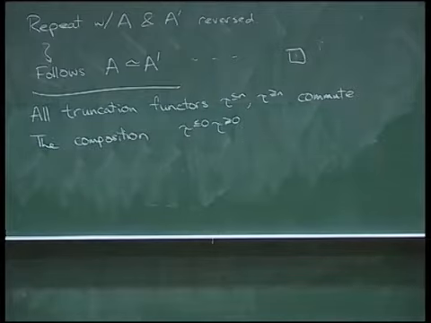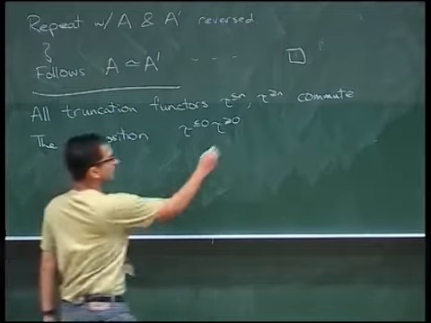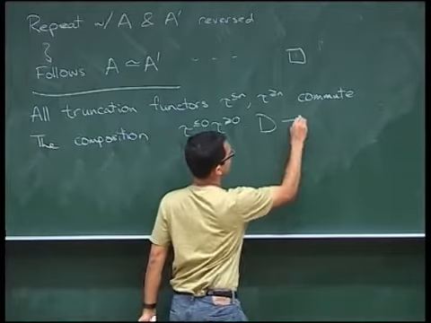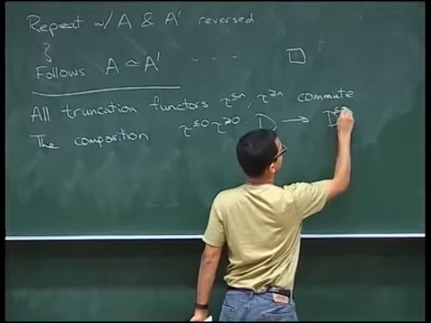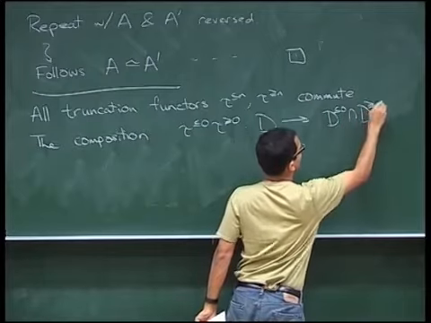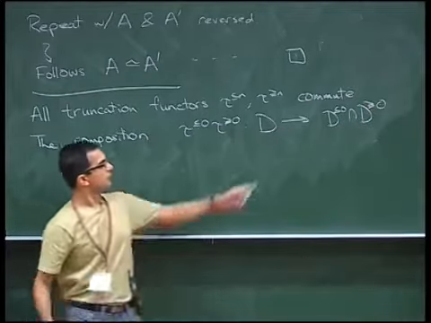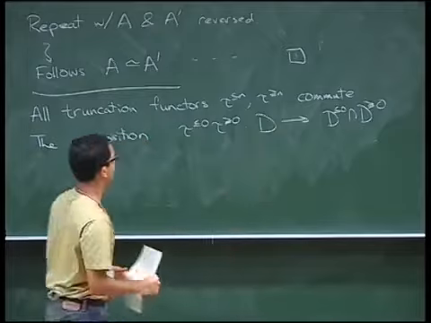When you apply this composition, just by the way it's defined, it obviously takes values that are both in the less than or equal to 0 category and in the greater than or equal to 0 category. So it takes values in the heart of the T structure. And so this is a functor which goes from a triangulated category to an abelian category.